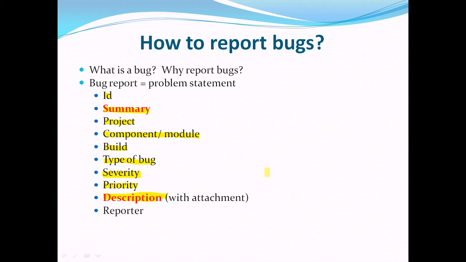If required, you can specify what requirement the bug violates, which requirement is not being satisfied due to the presence of this bug, and also you can give additional information. This additional information can be with attachments. Now several attachments are possible. Maybe you want to attach your test case along with the bug report, so that the developer has a better idea how to run the steps leading to the bug.